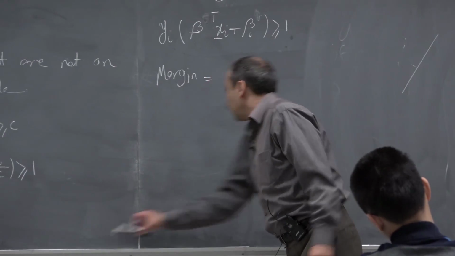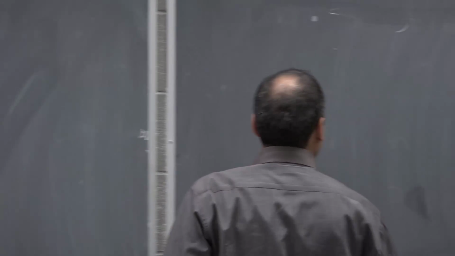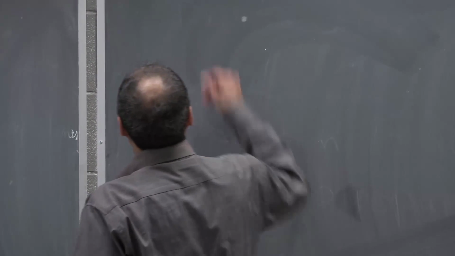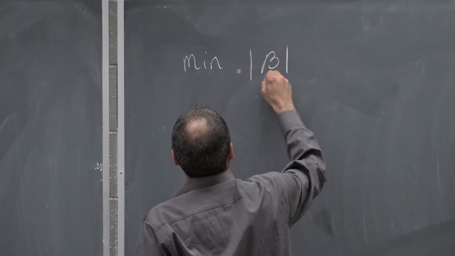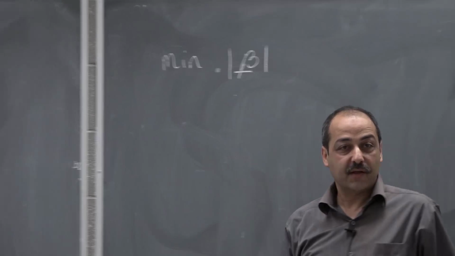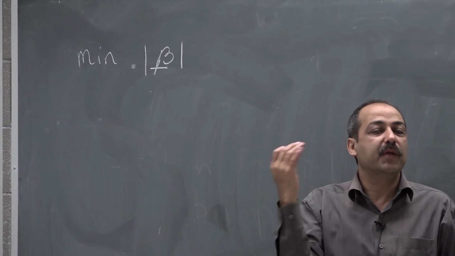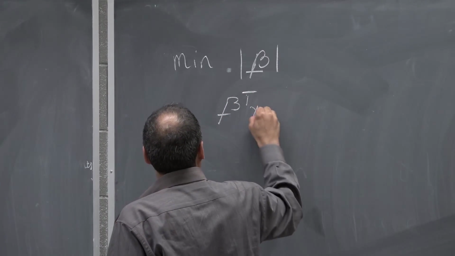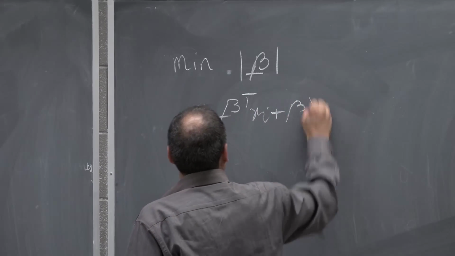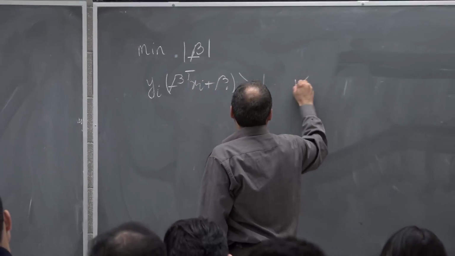So basically, I can form my optimization problem now this way. I'm looking for a hyperplane such that the norm of beta of that hyperplane, the norm of the vector which is orthogonal to that hyperplane, is minimum. And yi times beta transpose xi plus beta null is greater than or equal to 1 for all xi.